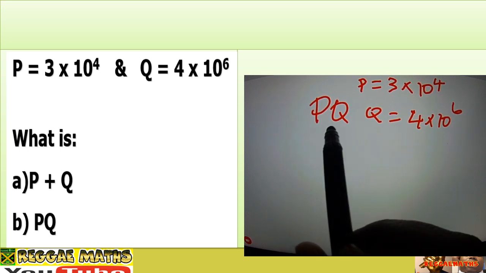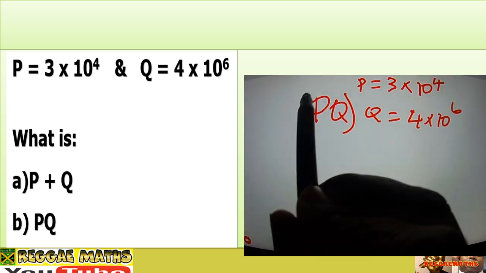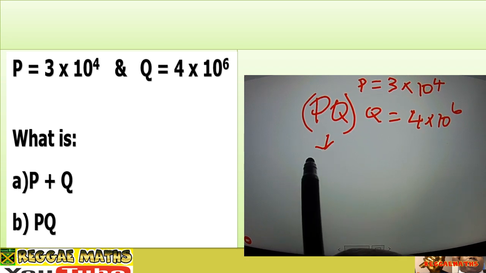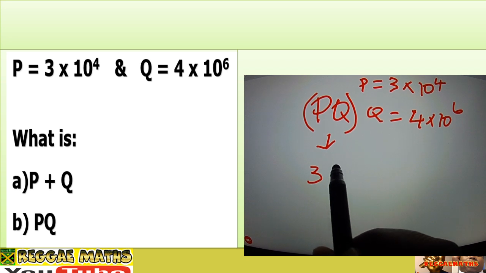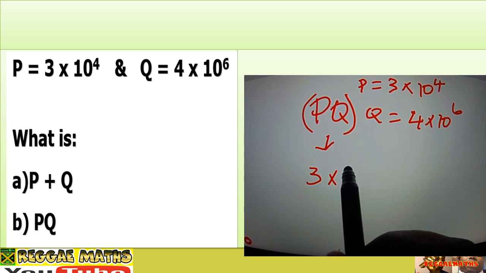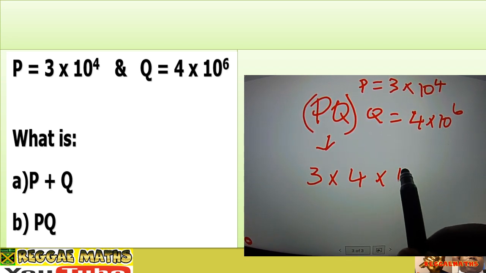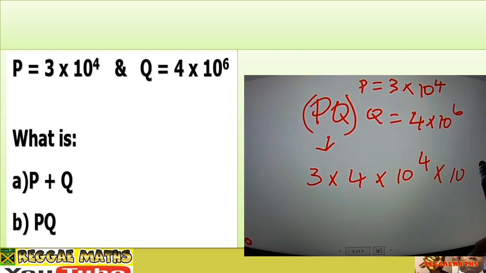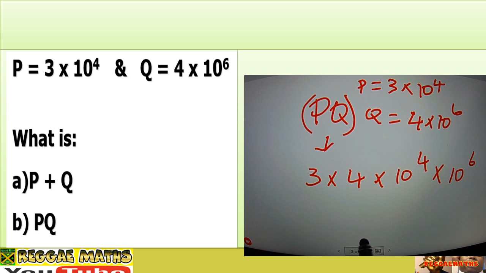So times both of them together. Just here we're going to have 3 times by 4 times by 10 to the power of 4 times by 10 to the power of 6.